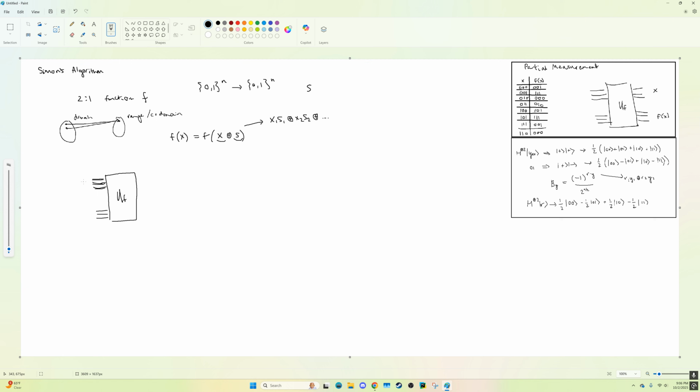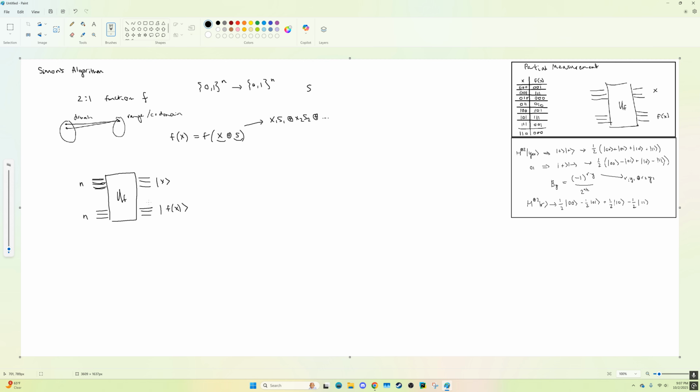So for a 3-bit string, if we know that n is 3, then there are going to be 3 qubits passed to the top and bottom. So for the top, we have an n-bit string, so we dedicate n qubits to the top, and we dedicate n qubits to the bottom because the output is n qubits as well, which is going to be our f of x. So we pass in n qubits to the top, and we get x, and n qubits to the bottom, and we get f of x.